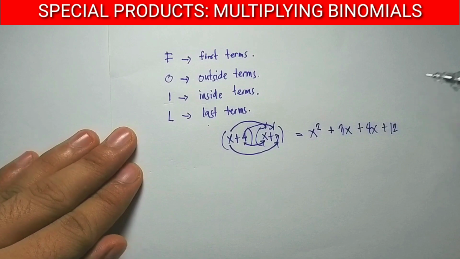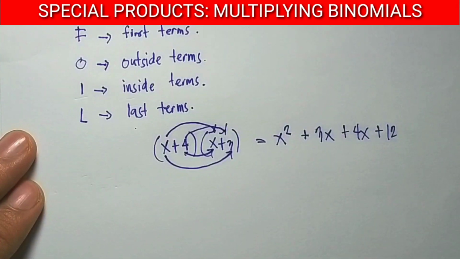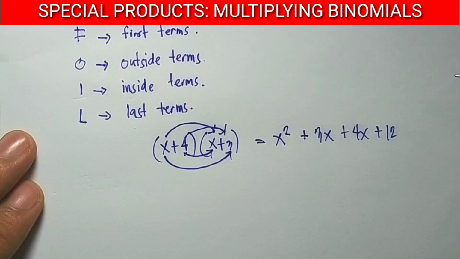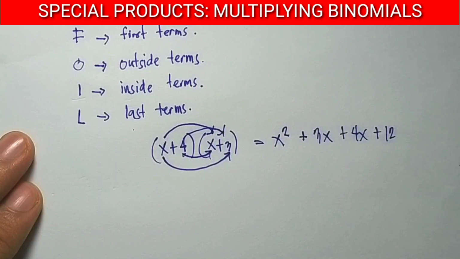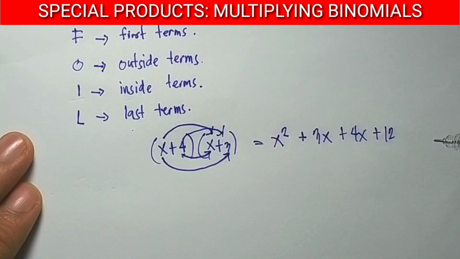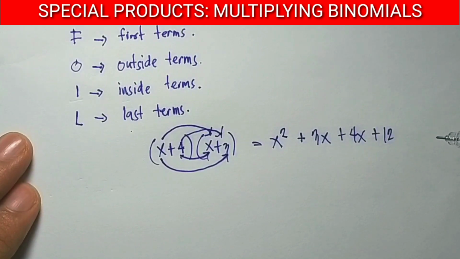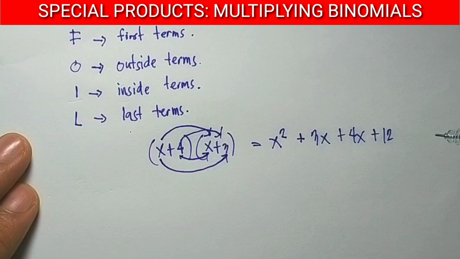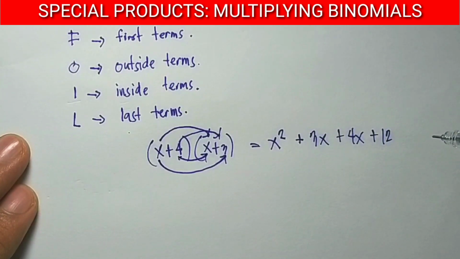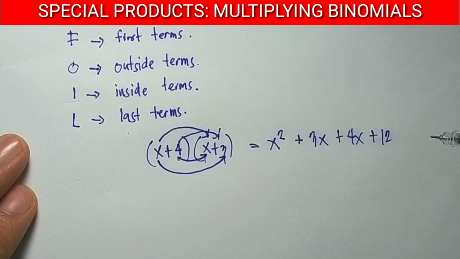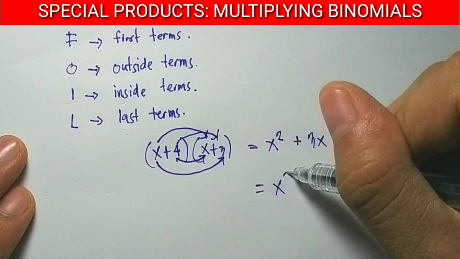So karon, tan-aw nato kung ma-simplify pa ba o dili na. Kay kung dili na ma-simplify, mao na natong answer. So karon, we have x squared plus 3x plus 4x plus 12. Kung atong nabantayan na ay pariha og terms, kining 3x og 4x, di ba pareha sa variable niya, pareha pud sa exponent, which is imaginary one. So since pareha man sa terms, so ato siyang pwede nga ma-add. So si x squared wala man ay kaparehag term, so ato ra nang kopyahon.